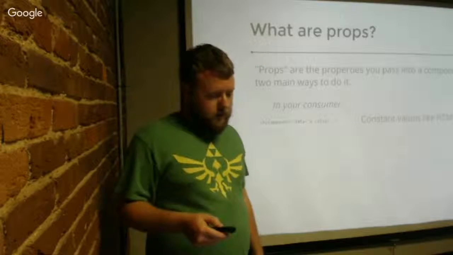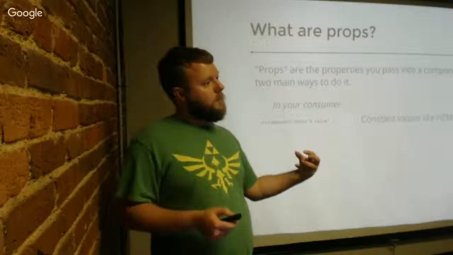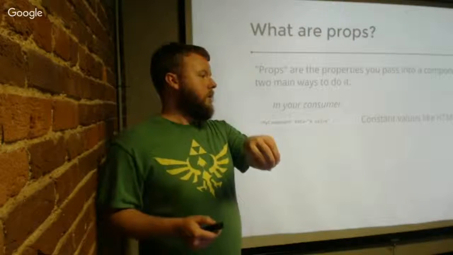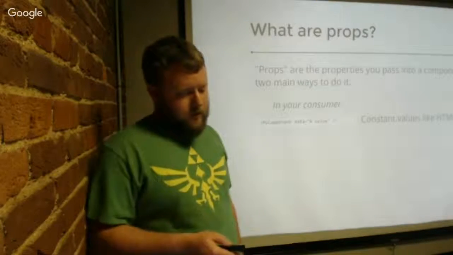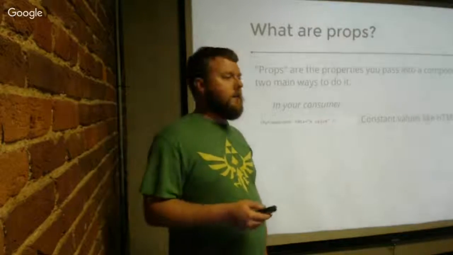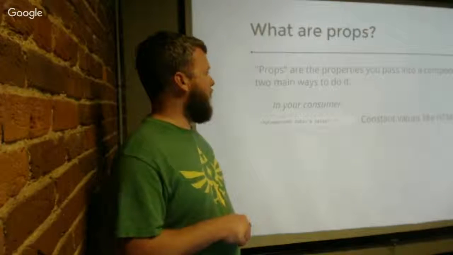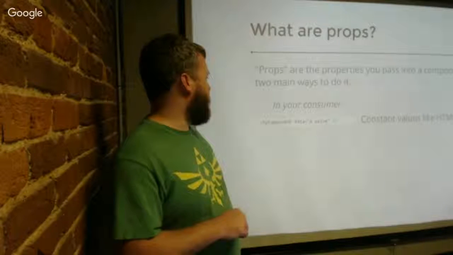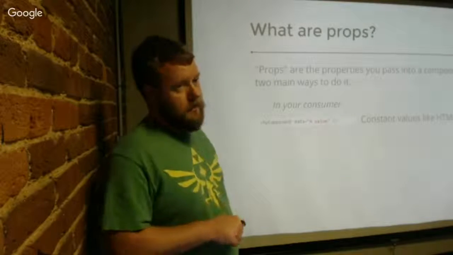In your component consumer, the thing that is going to be using your fancy new component that you've written, you can pass constant values in, like strings and such, similar to the way you do with HTML attributes. So my component will have a props.data, which will be the string value, right?